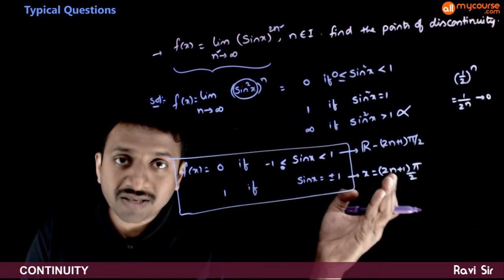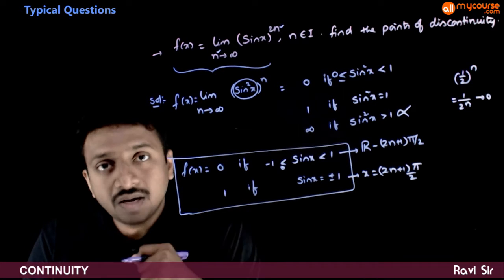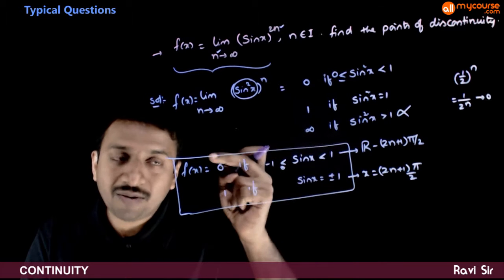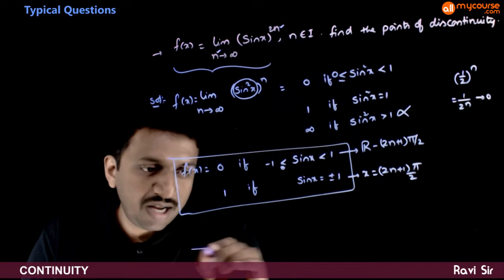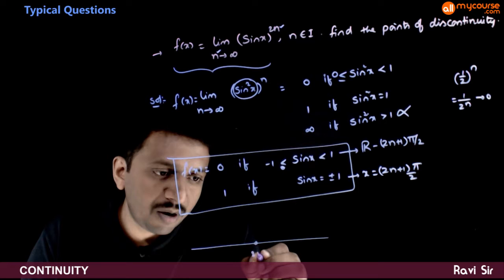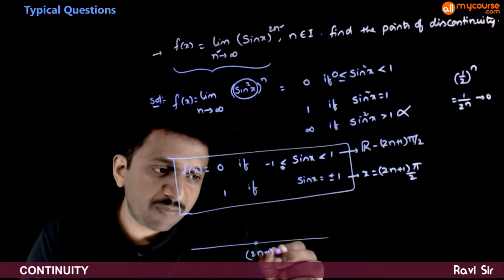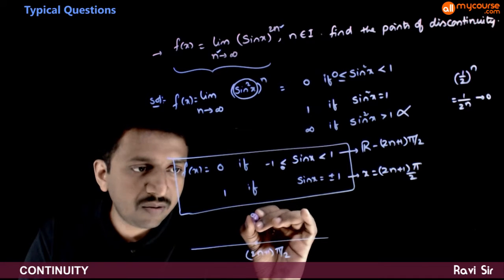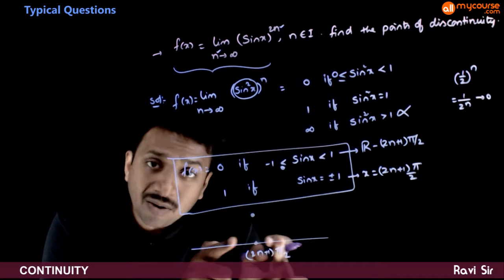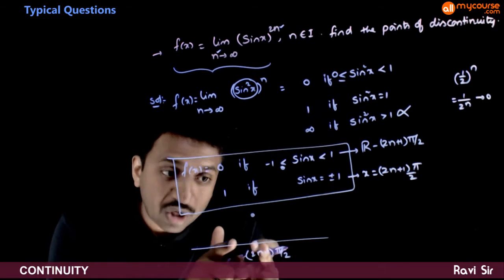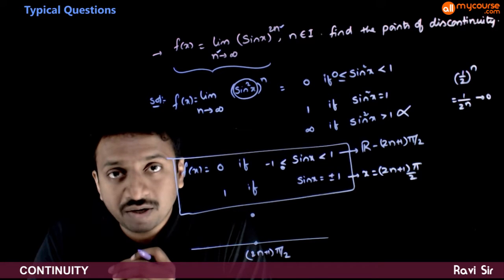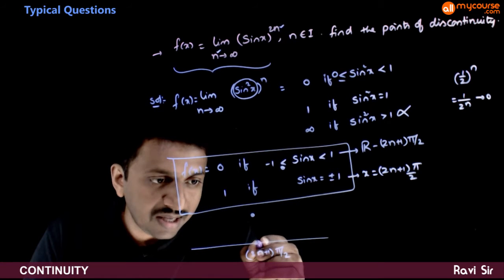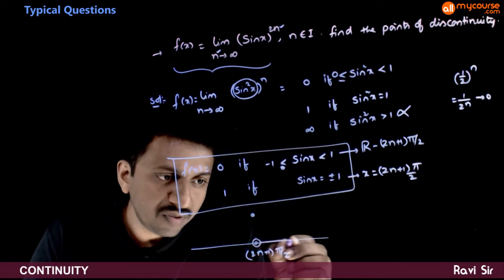At the boundary points, as you can see, the functional value is 1, but the limit value is equal to 0. So if you take any point of the form (2n plus 1) times pi by 2, exactly at this point the functional value is equal to 1. But around this point, when x is not equal to (2n plus 1) times pi by 2, the functional value is 0.